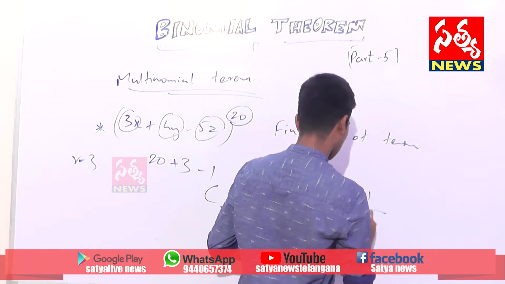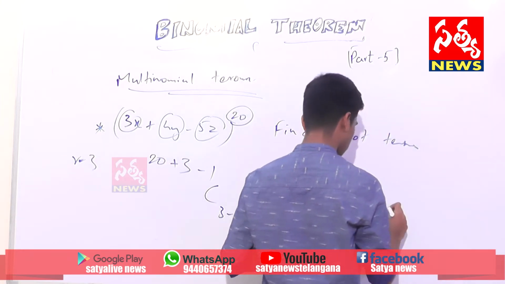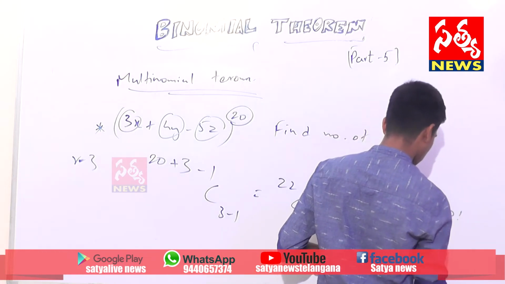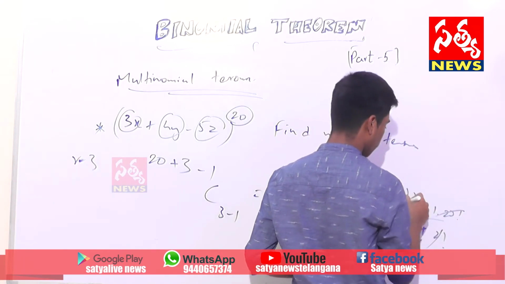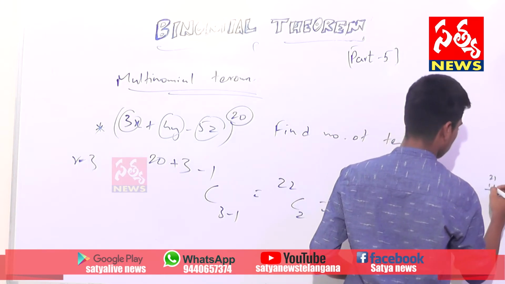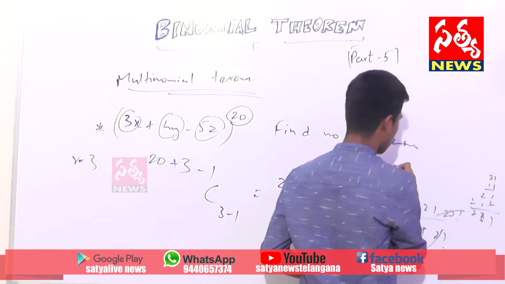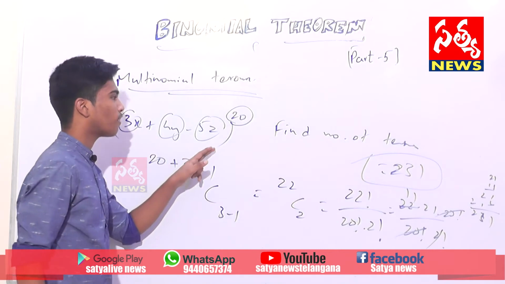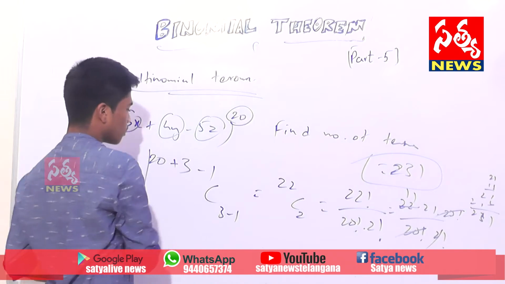After solving, 22 factorial by 20 factorial into 2 factorial, which is 22 into 21 by 2. Cancelling, we get 11 times 21, which is 231. So 231 terms are there in the expansion of 3x plus 4y minus 5z whole power 20.